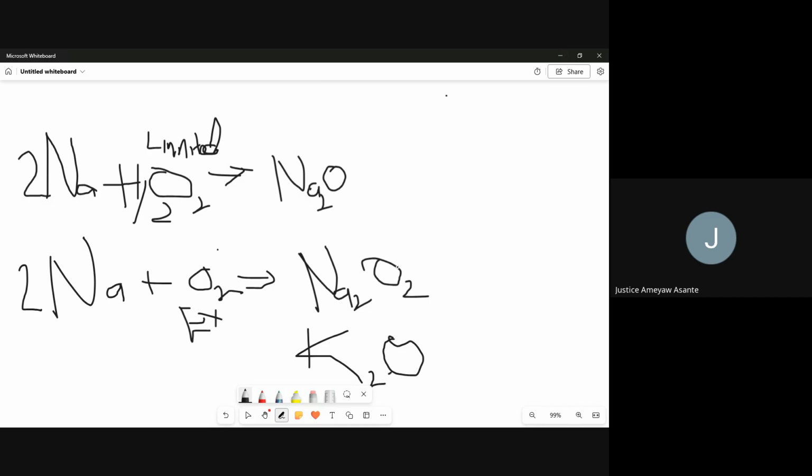Here the oxygen will be -1, and here the oxygen will be -2. So we now come to realize that we cannot form lithium peroxide under normal conditions. We can only form one type of oxide for lithium. When you go to potassium and sodium, we can form peroxide and superoxide. We cannot form superoxide with sodium, but you can form superoxide with potassium.